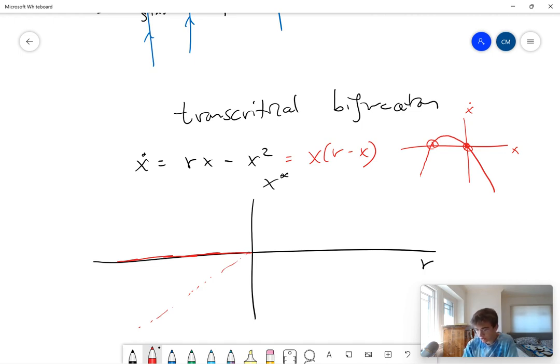And then once we reach the bifurcation point, which is again the origin at x star equals 0 and r equals 0, okay, all of a sudden the origin becomes unstable, and it looks something like this. The origin becomes unstable and the non-trivial root becomes stable. And so in this diagram, we get something that looks like this, okay, where this is unstable.